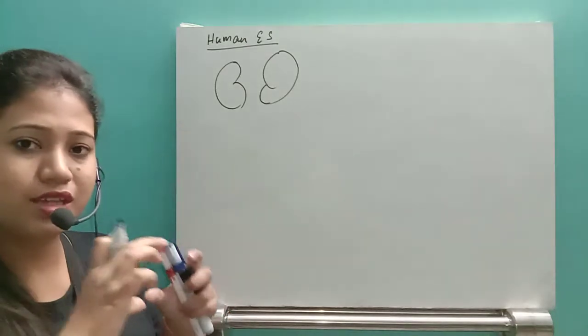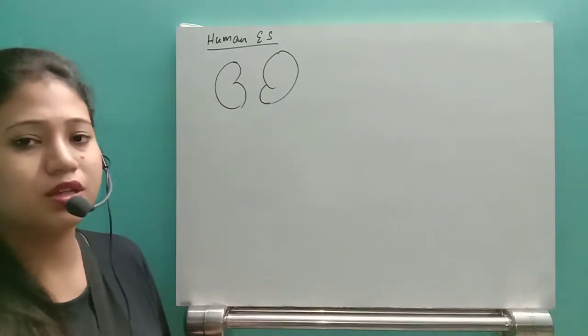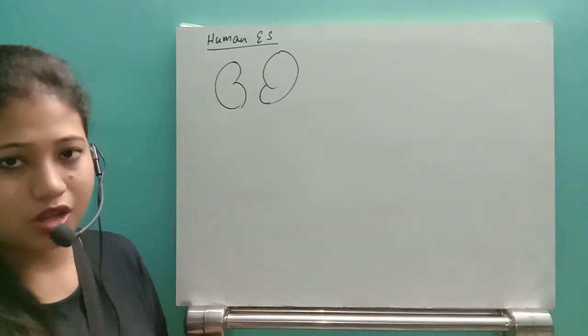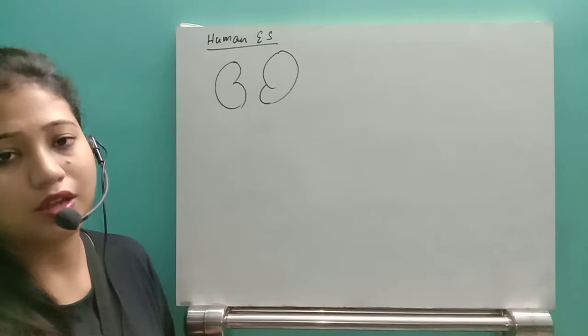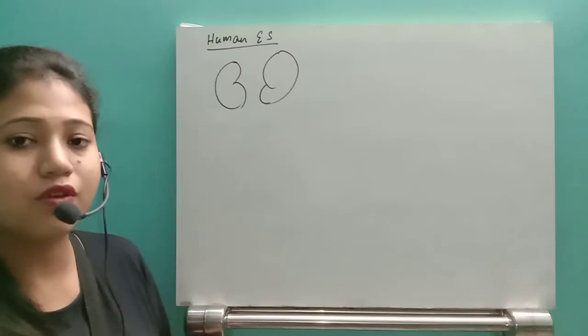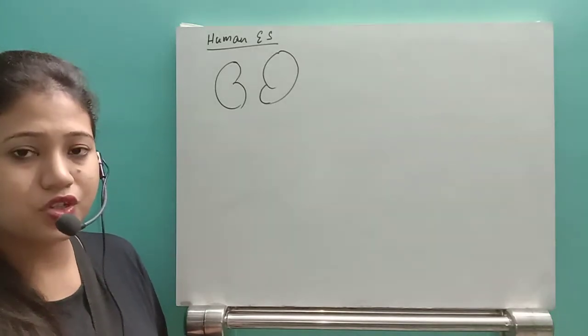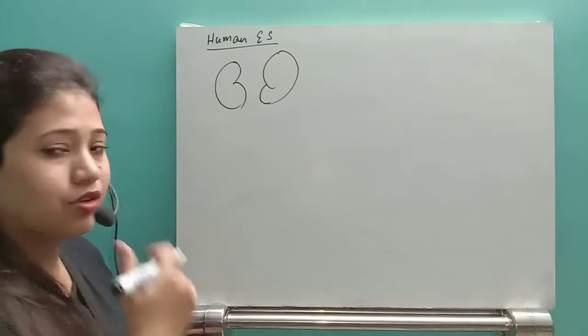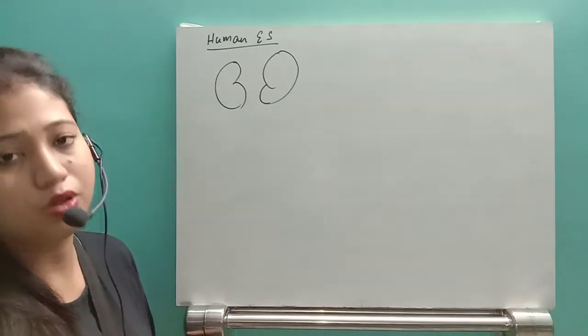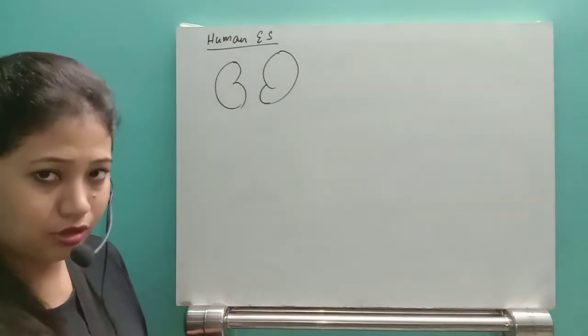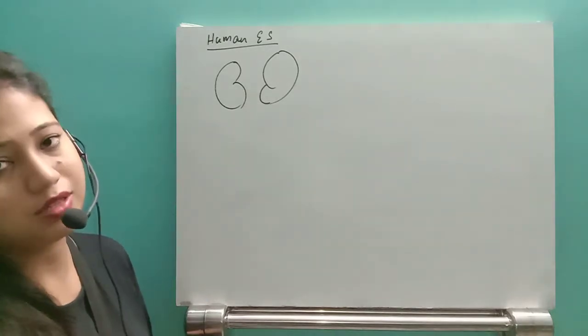If they are present in the same alignment, it is possible that they can have friction. Also, on the right side we have the liver, so just for space, the right kidney is a little below. So the right is below and the left one is above.